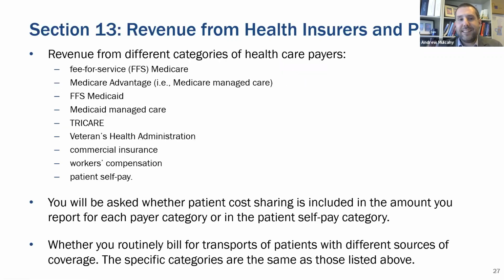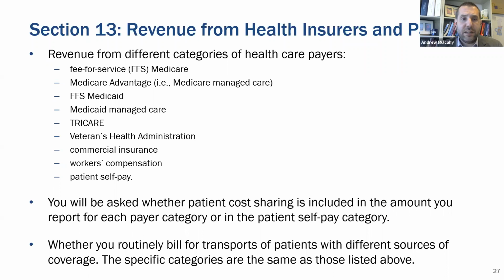That moves us into the last section of the instrument, which is section 13. And this section pivots away from expenses and into revenue. There are a couple different components to section 13. The first one asks for revenue from payers, from Medicare fee-for-service, and other insurers and healthcare payers. There are many categories listed here.